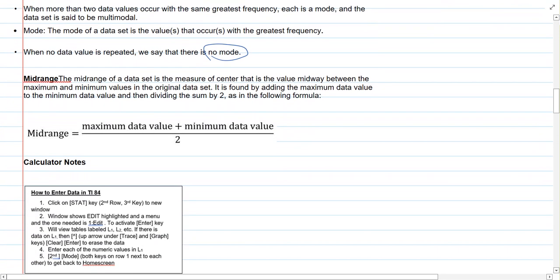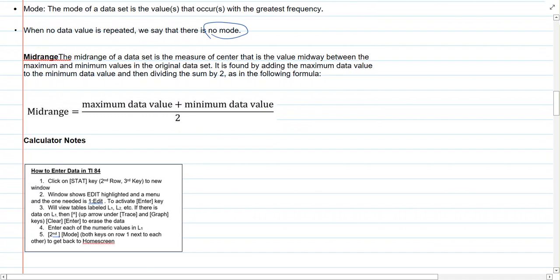All right. Now we have something kind of interesting, and it is a quick and dirty way of finding the median. And it isn't good because it includes the extreme ends of the data, and it's called the mid-range.